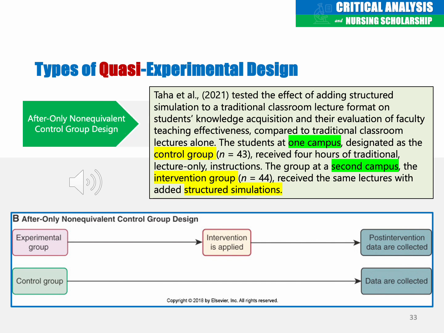The second type of quasi-experimental design is called after-only non-equivalent control group design. In here, subjects are assigned to groups without randomization, and no pretest data are collected. Only post-intervention outcomes are measured. I want you to look at the diagram on the slides right now. Obviously, there was no randomization that was conducted to assign the subjects either to experimental and control group.